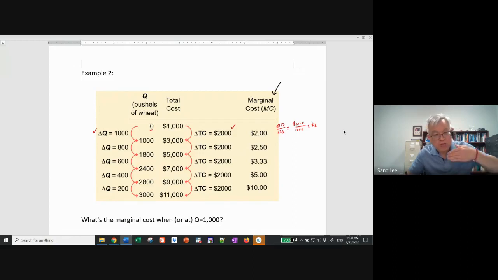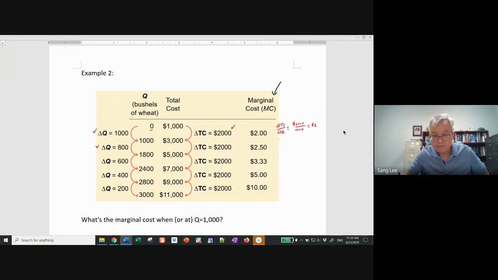Now you increase output from 1,000 to 1,800. So change in output is 800. And total cost increased from 3,000 to 5,000. So change in total cost is 2,000.